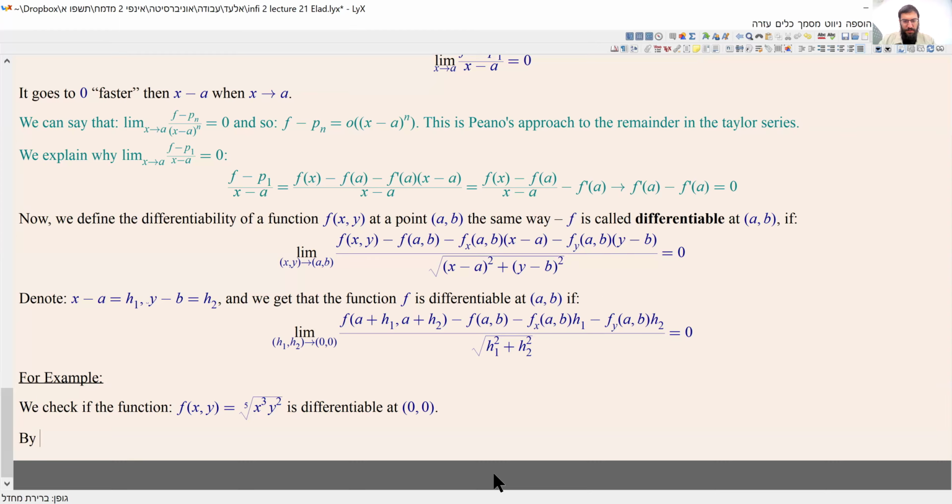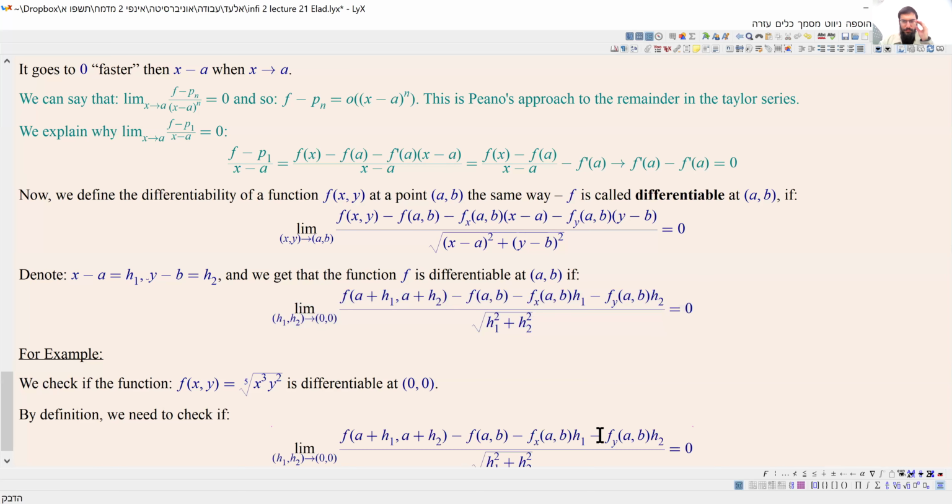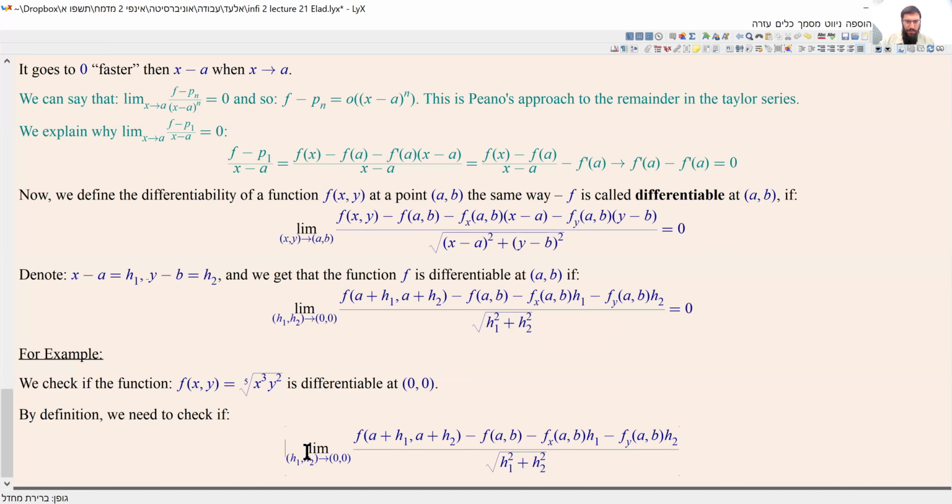So by definition, we need to check if the following limit is 0, where we know that a and b are 0, 0.